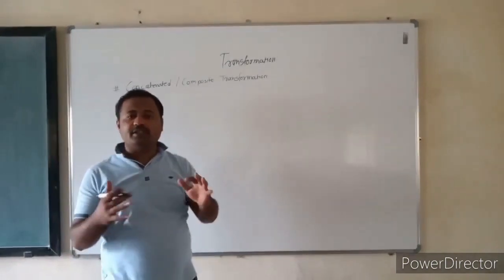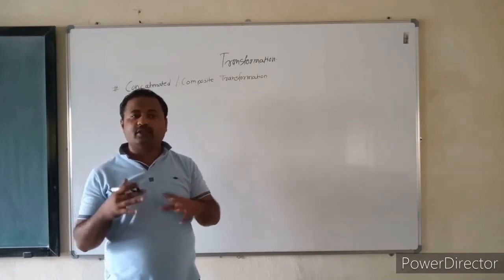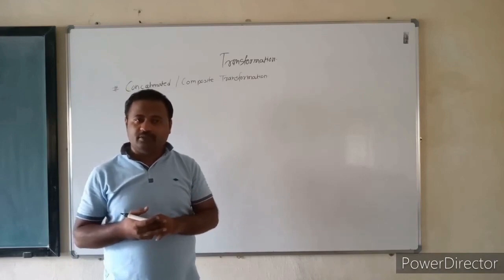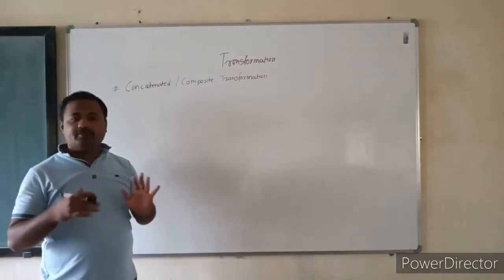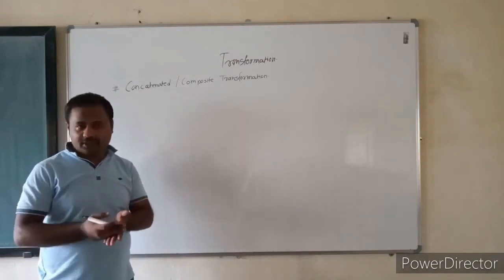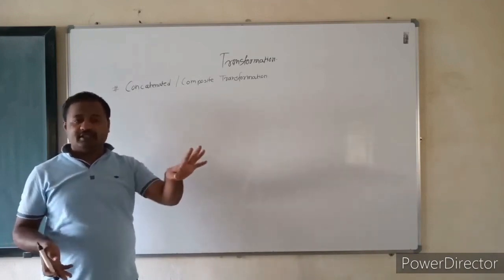It is a combination of two or more transformations, called composite or concatenated transformation. It may be rotation, scaling, reflection, or translation.